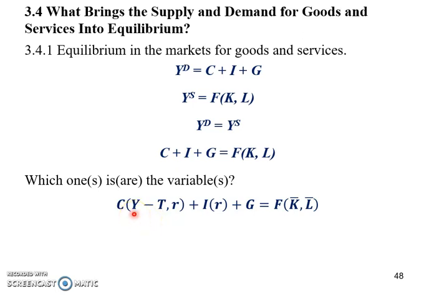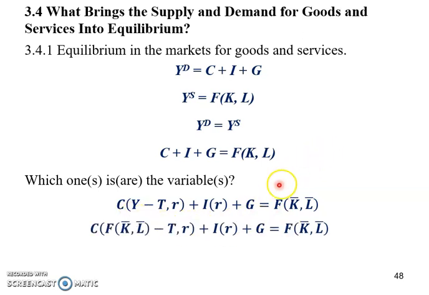Y at the equilibrium would be equal to the right hand side, the aggregate supply, and because capital, labor, and technologies are all fixed, of course Y is a constant. So let's plug this in here.